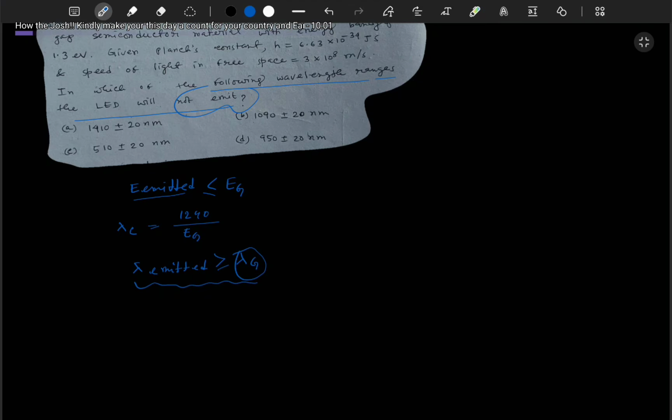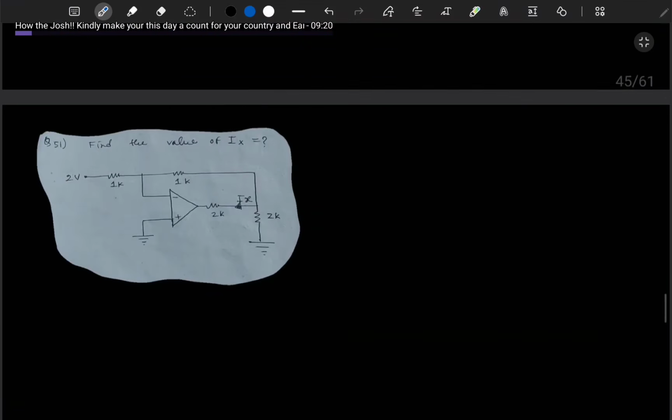So we need to find this. Then we will get 953.846 nanometer, and we can see this can also be greater, this can also be greater, but this is less than this one. So in this range only it will not emit.